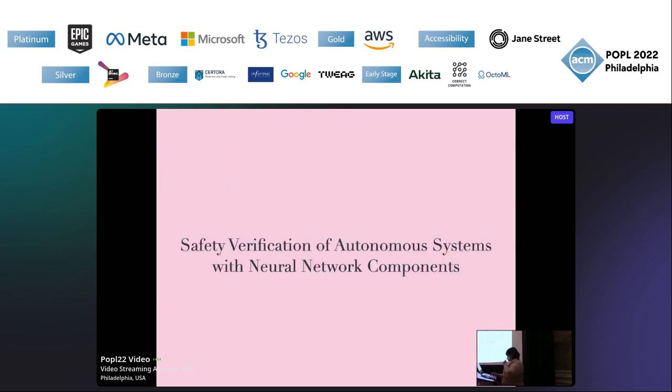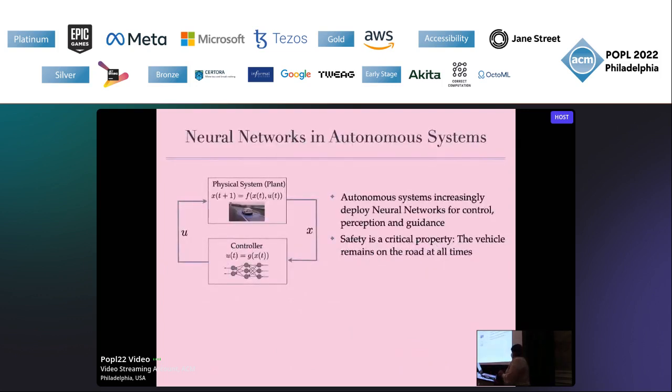All right, so the context for this work is safety verification of autonomous systems. We are seeing increasing amount of deployment of neural networks in autonomous systems in control, perception, and guidance modules.